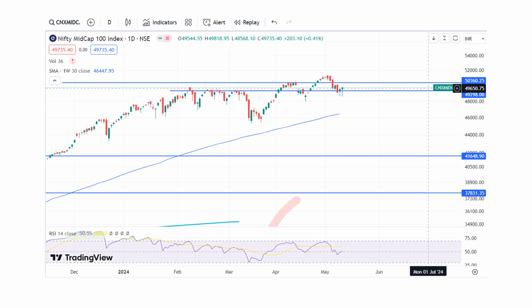Since they are above that, probably mid caps would be a better trade right now if you are taking any new trades. So mid caps would be the one where you would want to put your money, because it is actually showing strength.